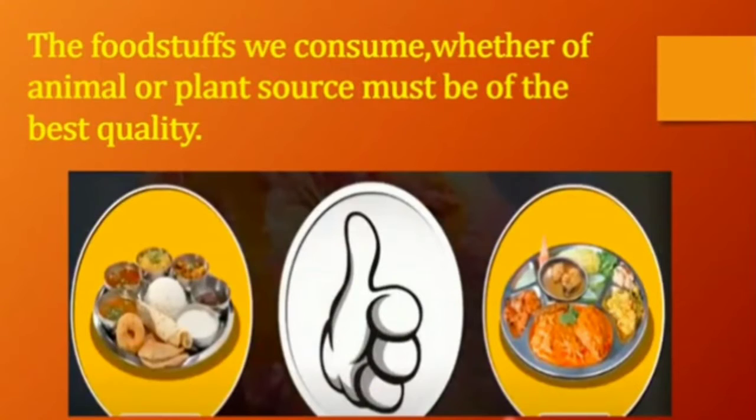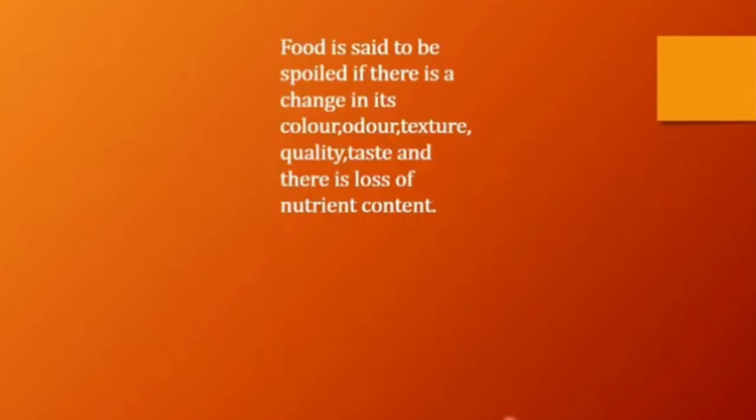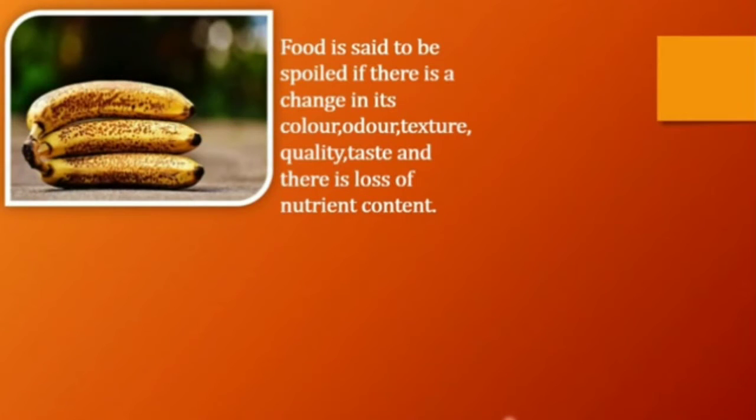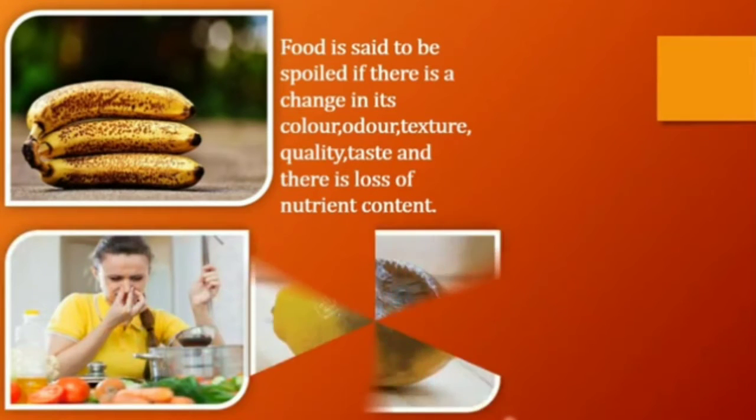the foodstuffs we consume, whether of animal or plant source, must be of best quality. Otherwise, children, what will happen? We may fall prey to disease or illness. Food is said to be spoiled if there is change in its color, odor, texture, quality, taste, right?